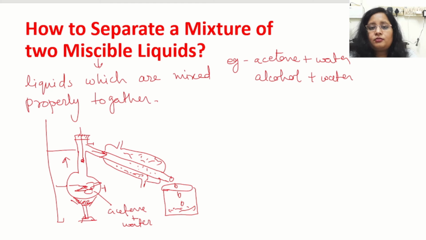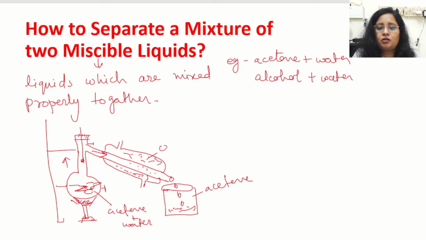After a few minutes, we will notice that the temperature starts rising again. At that point we will understand that all the acetone in the mixture has come out, and now only water is there. So in this way two miscible liquids are separated. At last we will get the water in the round flask, and acetone in the beaker. This is called the condenser. This is our thermometer.